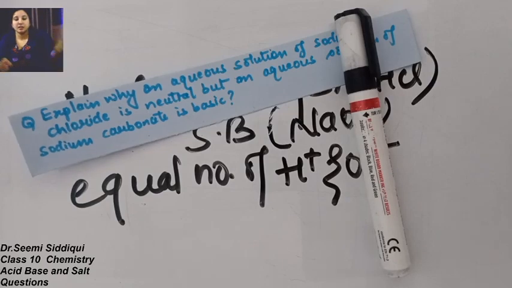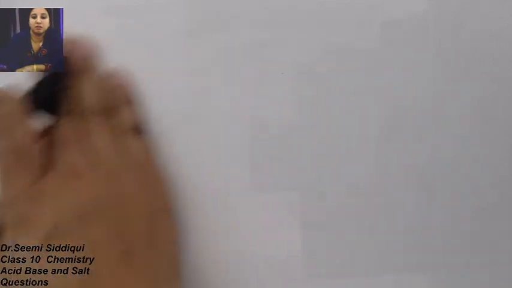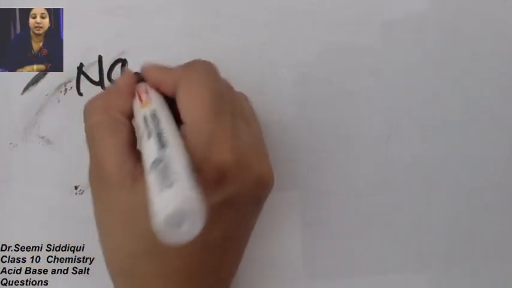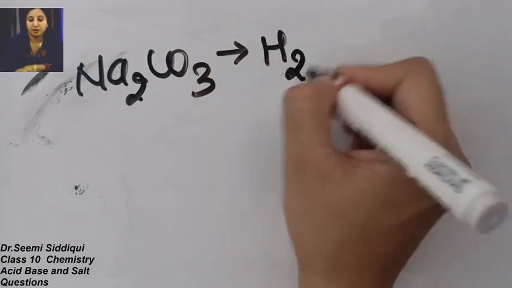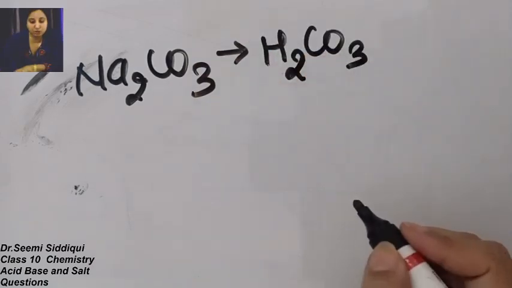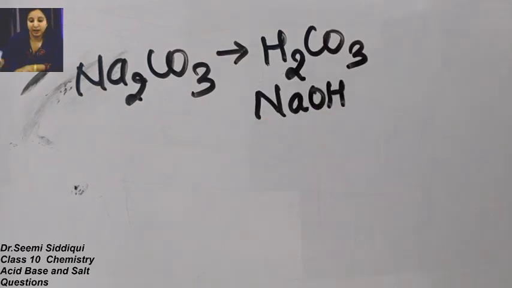In that, what will you write down? Sodium carbonate, your Na2CO3, is a salt of weak acid, H2CO3, and a strong base, NaOH.